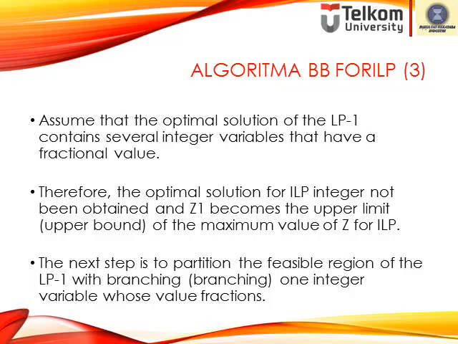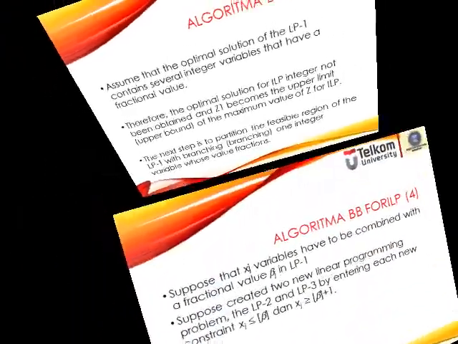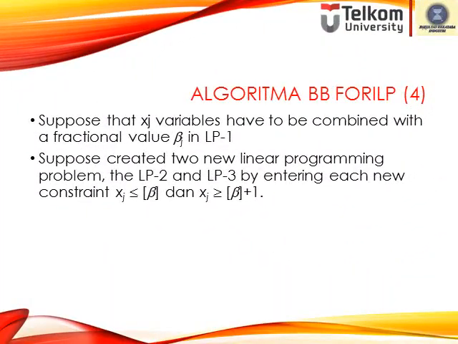The next step is to partition the feasible region of LP1 by branching on one integer variable whose value is fractional. Suppose the variable xg has a fractional value bg in LP1.